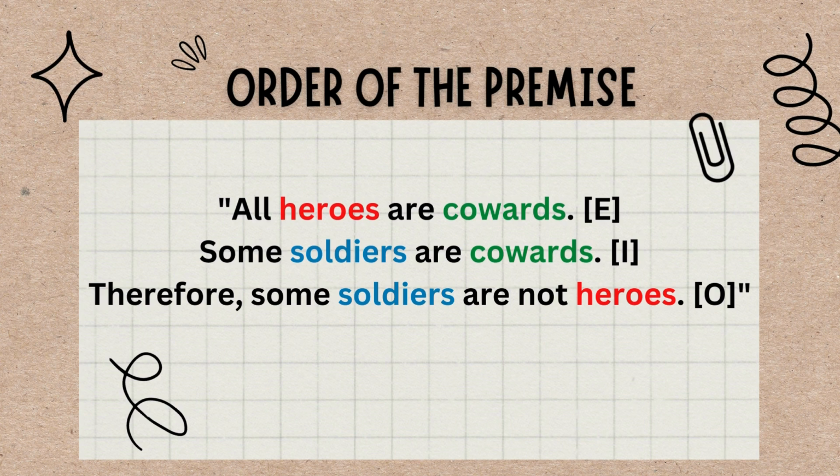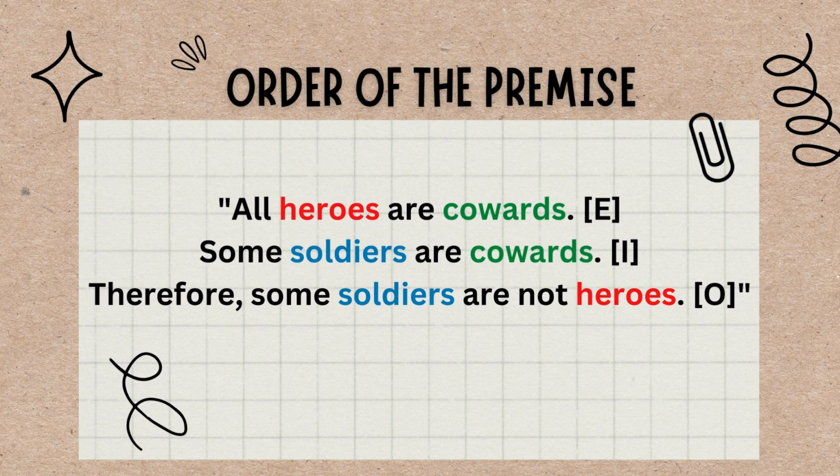As we found the major term as heroes, which is the predicate of the conclusion, the sentence which has heroes is the major premise. Here, no heroes are cowards is the major premise because it has the major term heroes as its subject.